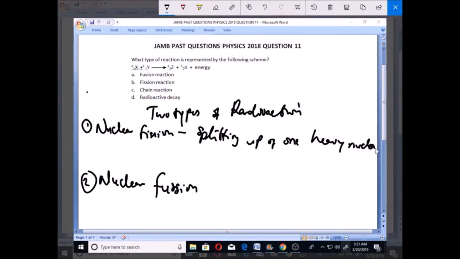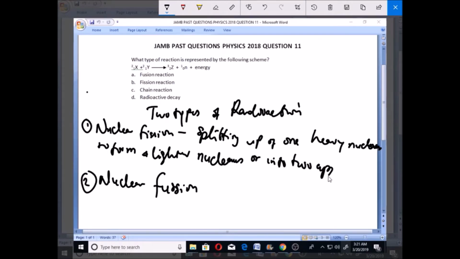So when you have one heavy nucleus breaking up to form lighter nuclei, two lighter nuclei, maybe of equal parts, or you can say it is also the splitting into two approximately equal parts, or two approximately equal nuclei.